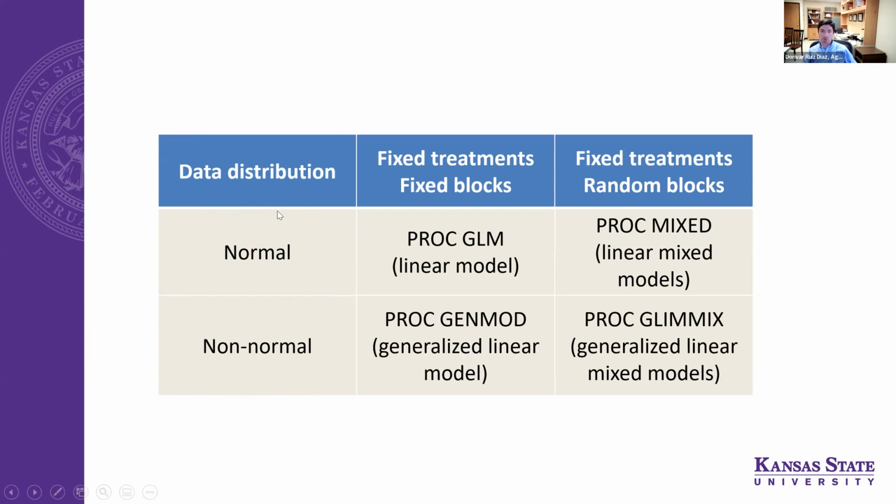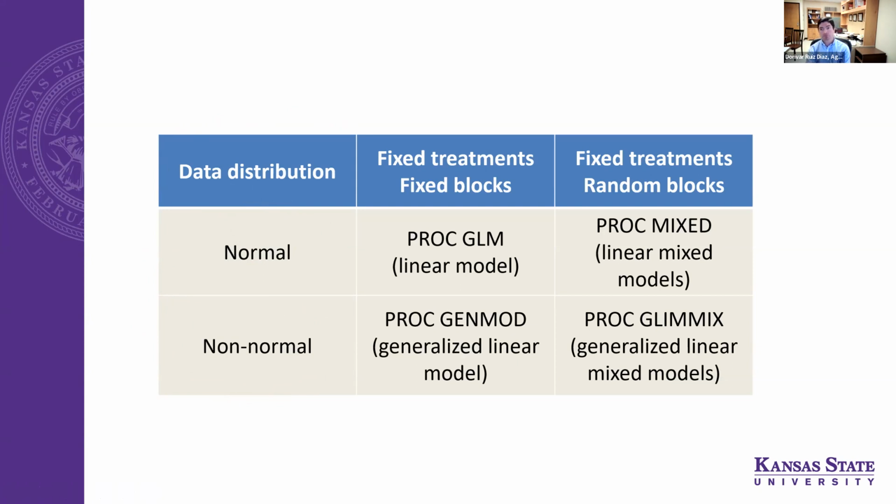Typically, yield data or tissue analysis, grain moisture, anything like that will tend to be normally distributed. But I also have some experiments in my program where we're dealing with non-normally distributed data, again, runoff, nutrients, N2O emissions, that kind of thing are very typical non-normally distributed data.